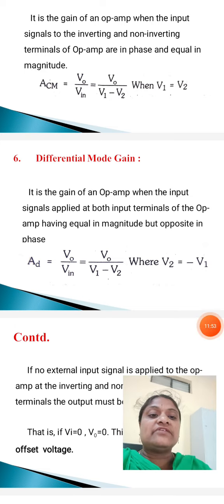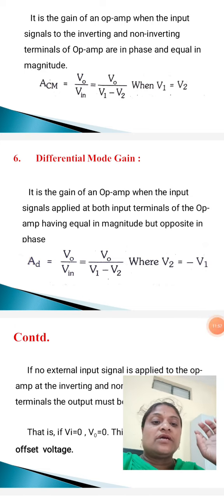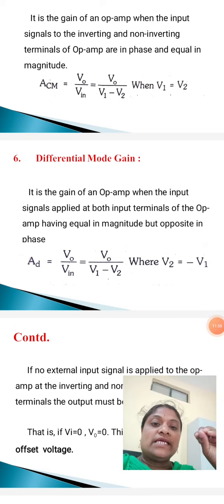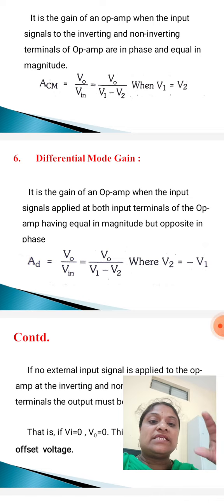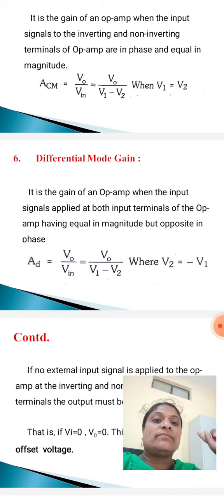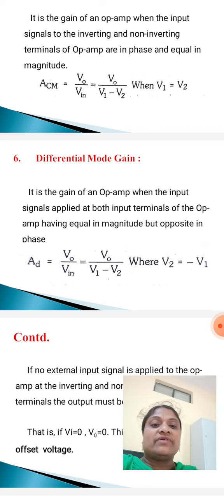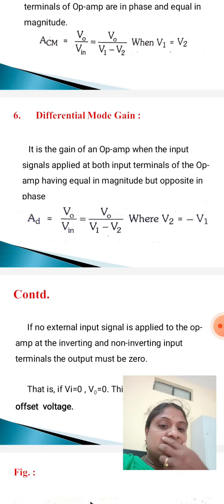Substituting V0 and Vin in the differential mode gain equation, AD is equal to V0 by Vin, which is V0 by V1 minus V2, where V2 is equal to minus V1. In common mode gain V1 is equal to V2, but in differential mode gain V2 is equal to minus V1.